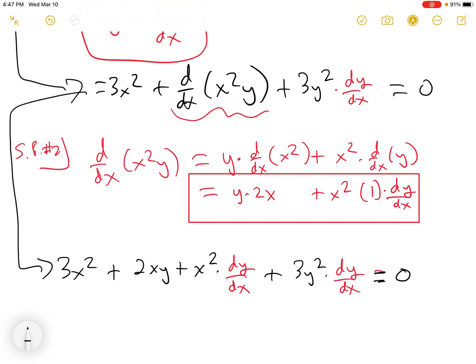All right. So now we finished doing the differentiation implicitly.